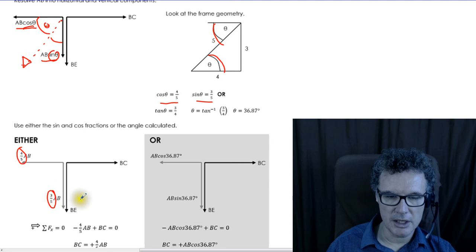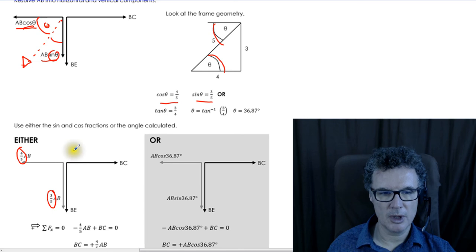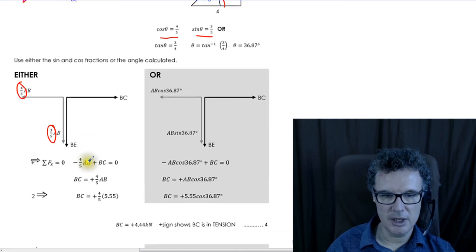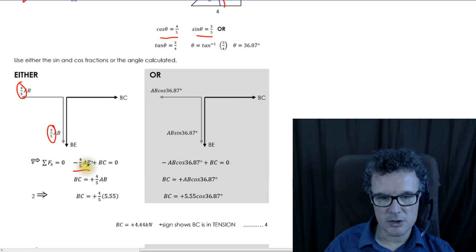In this case again, it would have been better to resolve in the y direction, but nonetheless in the textbook they resolve in the x direction here. So we've got AB. Now notice that AB is pointing right to left, which means we must have a negative AB. And this is another reason why not to substitute your values in too early, because sometimes you can confuse yourself about double negatives at the initial stage.